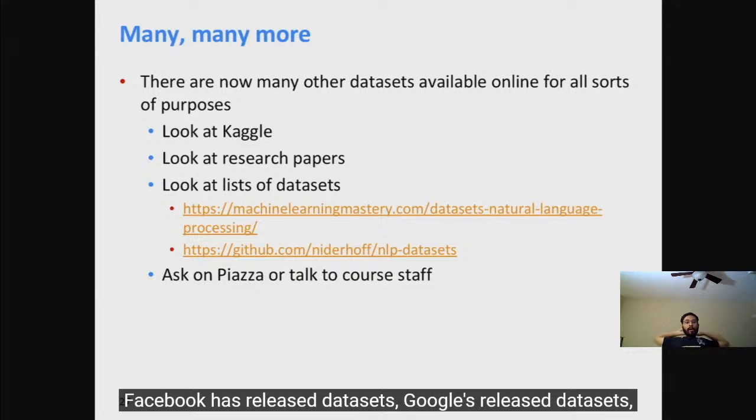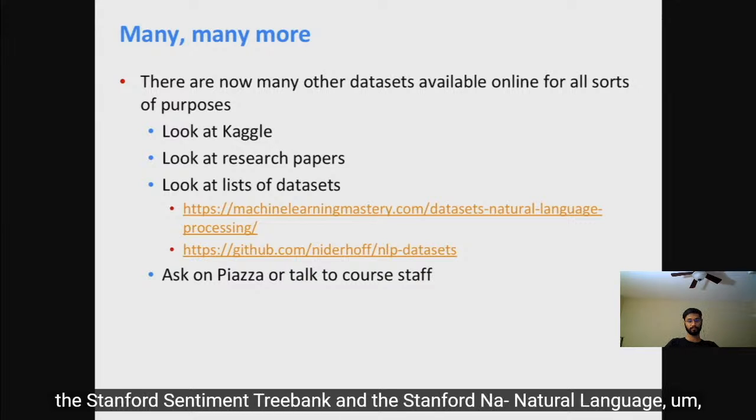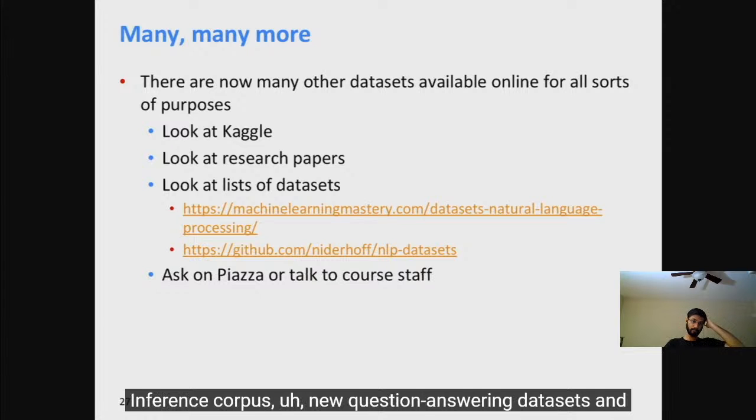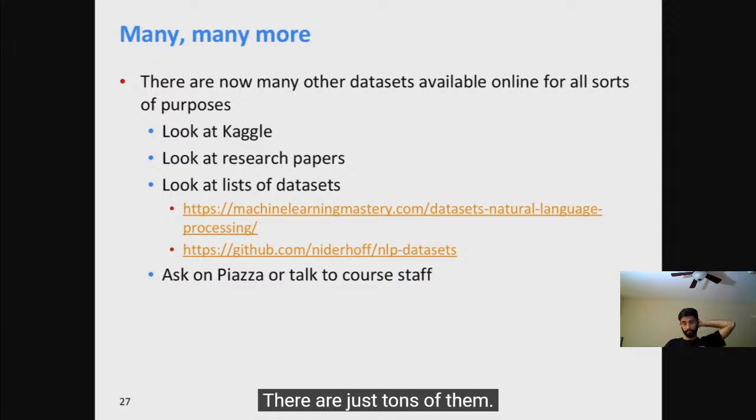Facebook has released data sets, Google's released data sets. Us at Stanford have released several other data sets, including the Stanford Sentiment Tree Bank and the Stanford Natural Language Inference Corpus, and new question answering data sets, including Hotpot QA and conversational question answering. Other groups at different universities have released data sets. There are just tons of them.